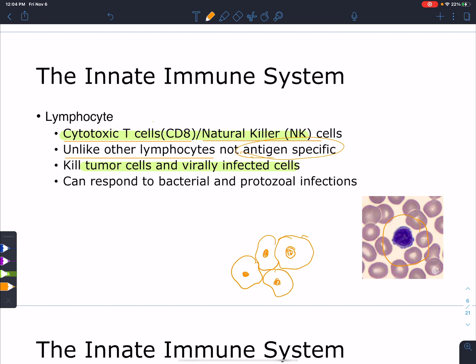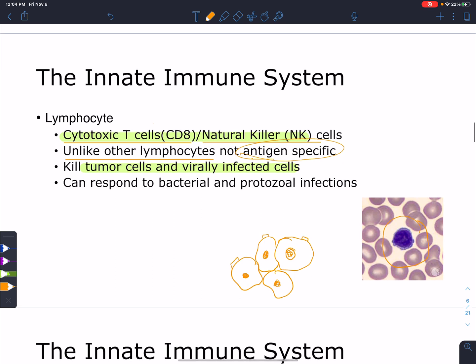And what they're going to have on them, all of our cells, and this is specific to our cytotoxic T cells, and you'll see more with MHC complexes. They have MHC1 on them. And all of our nucleated cells have MHC1. So these cells have these abnormal proteins in here. And the cell knows, oh, something's not right.